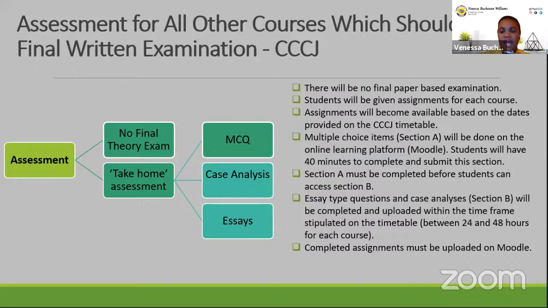And then you will access the section B, which comprises a case study, one case study, and two essays. You'll be completing the entire paper. There'll be no choice. So you'll be doing the entire paper within the slot, the timeline that you were given, whether it be 24 hours or 48 hours. But you will only get access to the section B after you've completed the multiple choice.